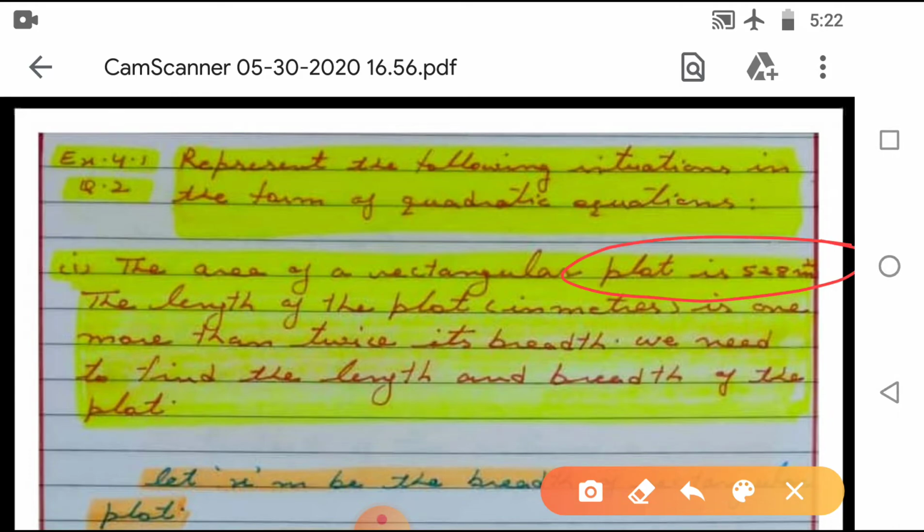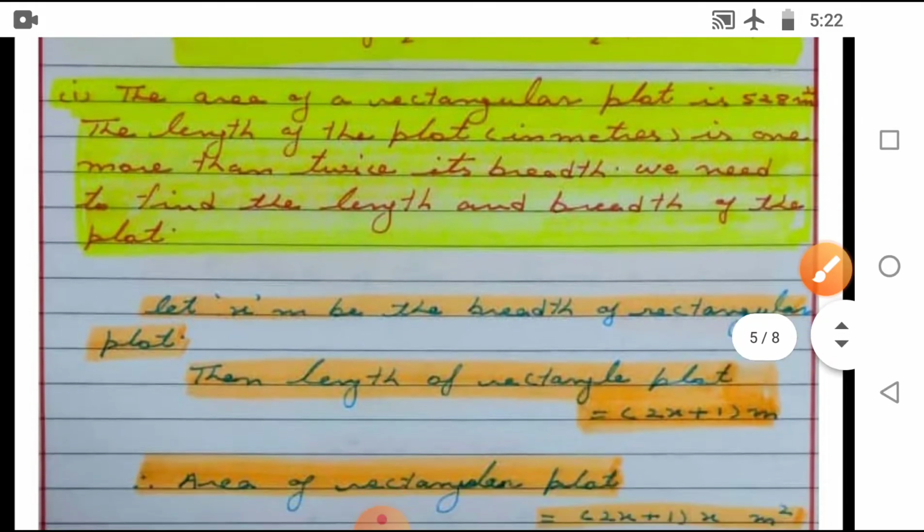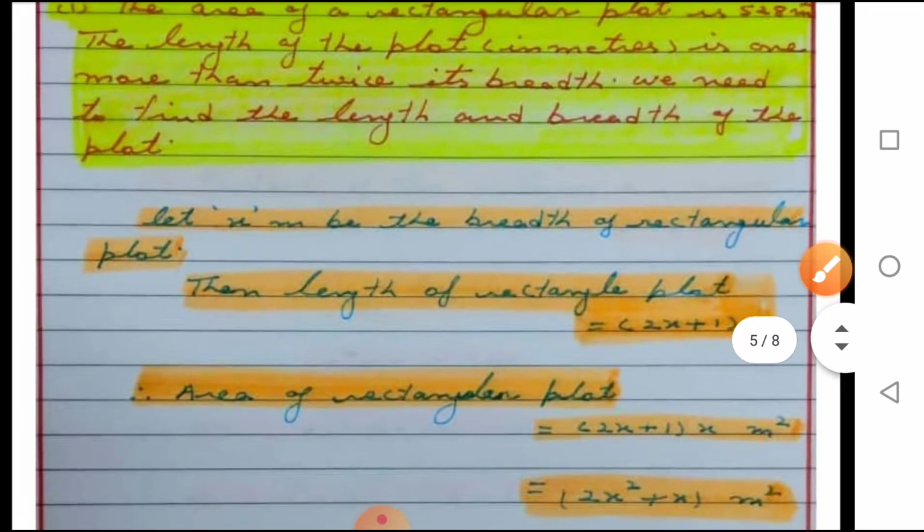It is clear. Now, important sentence is the length of the plot is 1 more than twice its breadth. Okay. And we need to find the length and breadth of the rectangular plot.